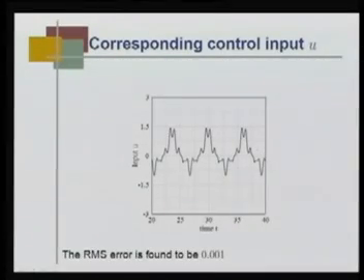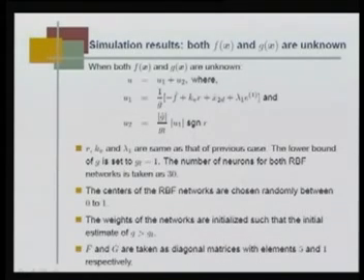You can easily see that because it is a nonlinear system, the controller looks like a highly nonlinear term. So, that is when f x is unknown and we assumed g x to be known. Now, we assume both f x and g x are unknown.